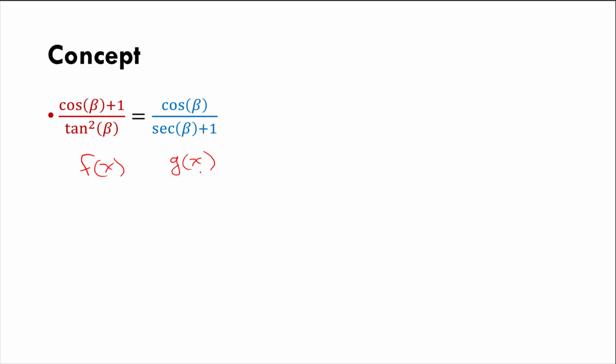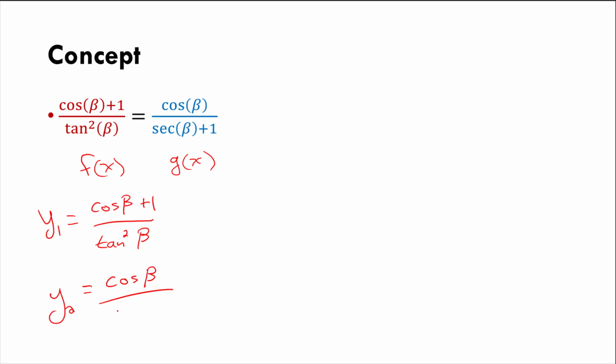So I can set up f of x in my calculator, or I'll say y1 equals cosine beta plus 1 over tangent squared beta. And then y2 in my calculator, on the same graph, I'm going to set up to be cosine beta over secant beta plus 1.